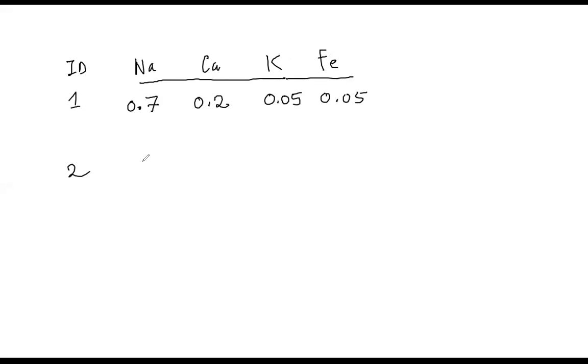I'm going to have something like this. This may be 4. Now, for this, the centered log ratio transformation works like this. You will take this value, which I will denote as x.